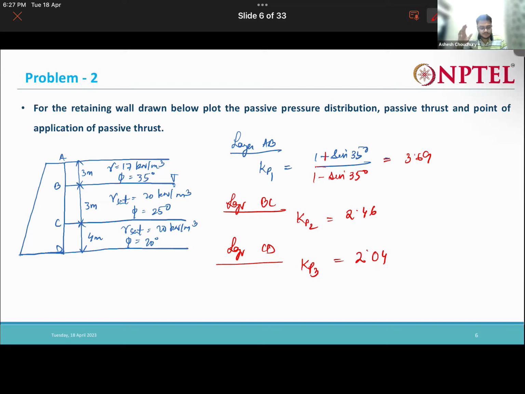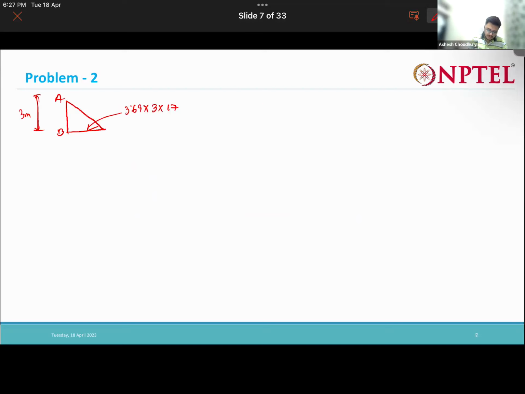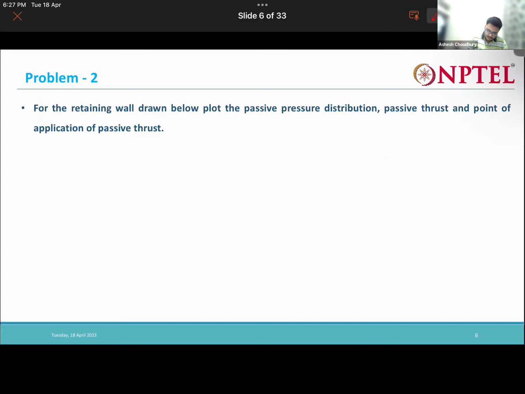So one part we will be getting from this overburden, right? 17 into 3. So in the lower part, first we will be getting this. It is nothing but 17 into 3 into how much? What is my KP2? 2.46.